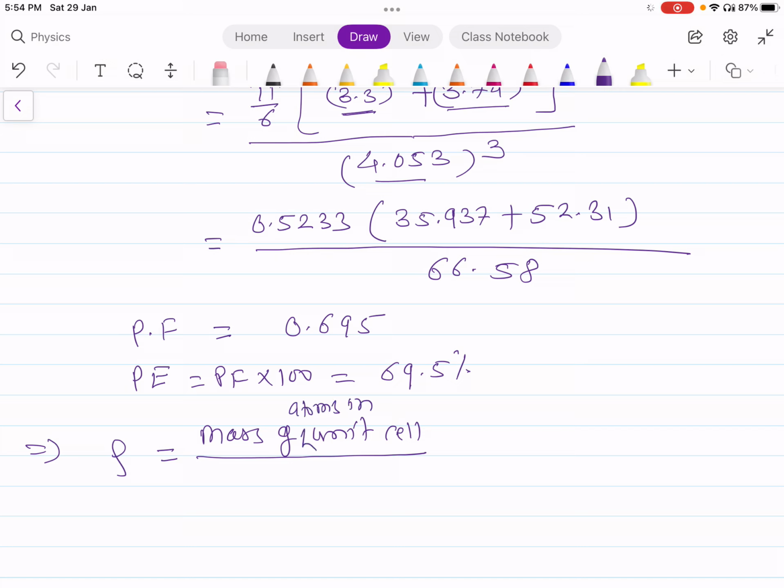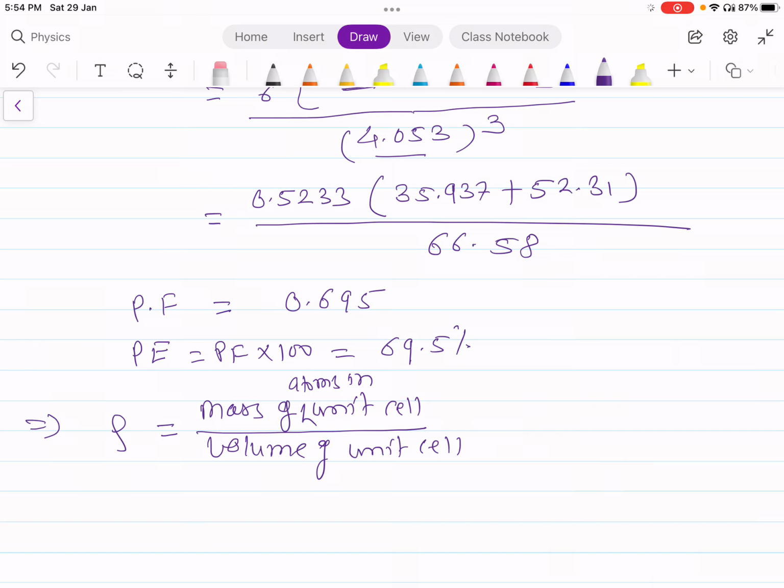In this case, this is simple cubic diatomic. So effective atoms in unit cell equals 1 cesium ion plus 1 chlorine ion.